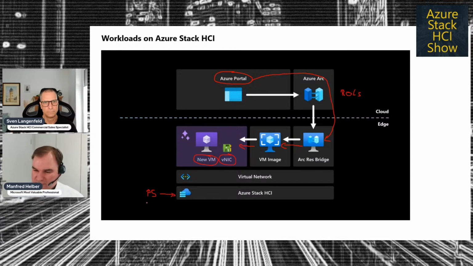We shouldn't use this anymore with Azure Stack HCI 23H2. If you have any tool from Microsoft or from a third party that uses the Azure Resource Management, then from my point of view, I'm not the product group, but from what I have seen so far with Azure Stack HCI 23H2, this will work with the new version, because then I have a third-party tool that triggers the Azure Arc Resource Manager.